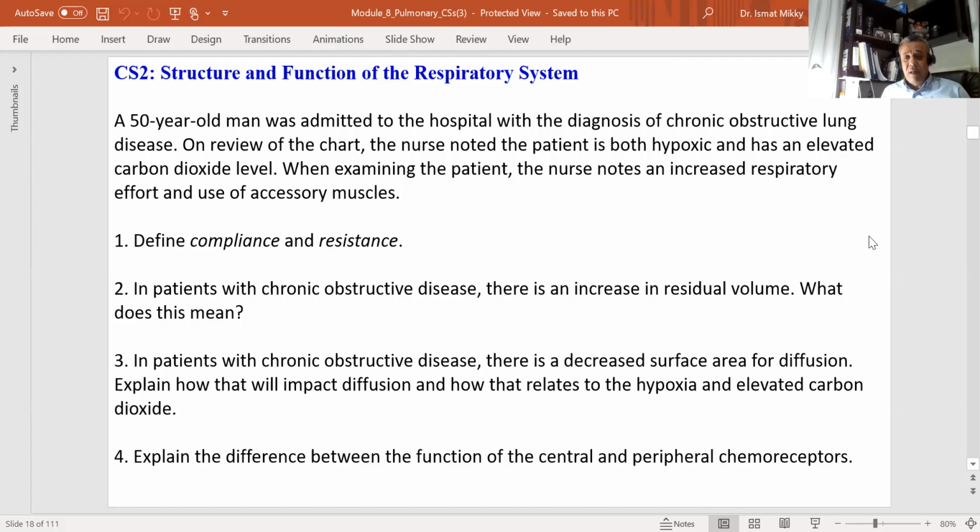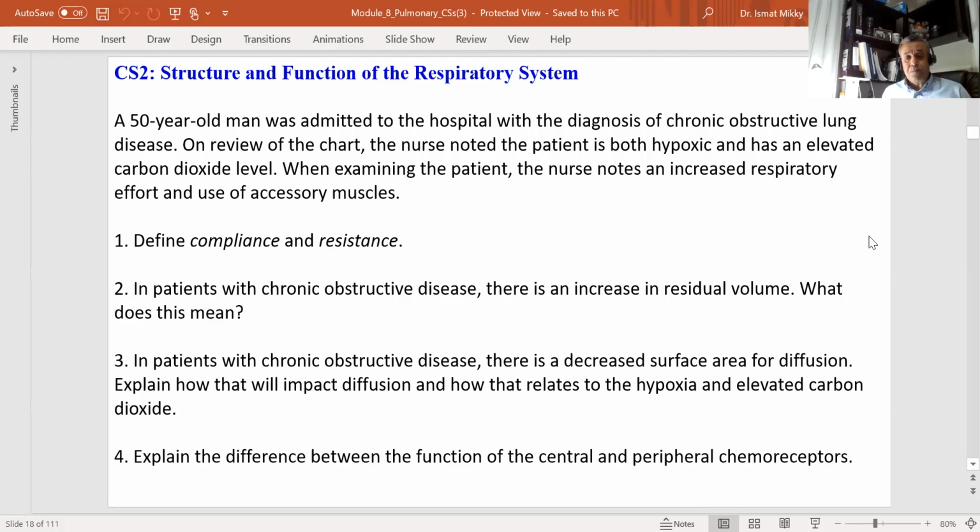So that's an example of how compliance can be applied to a patient with severe scoliosis, in which the thoracic cage can have a decreased compliance secondary to the alteration in the bony structure in the thorax.